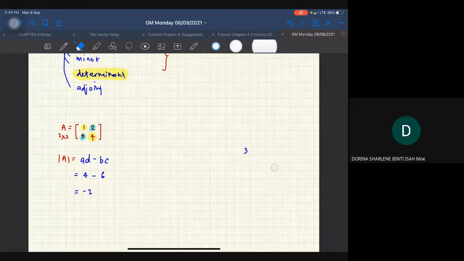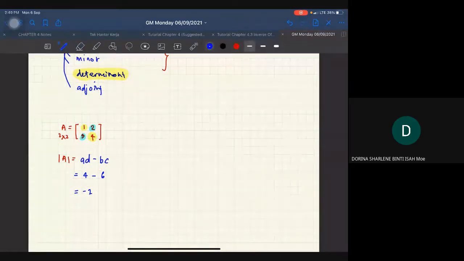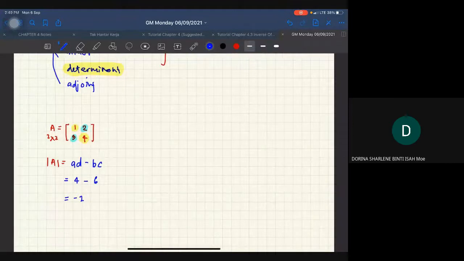Jom kita try. So let's say lah awak ada satu matrix. Nak A lah, tukar. So kita ada matrix B contohnya. So awak ada 1, 2, 3, 4, 5, 6, 7, 8, 9. This one.